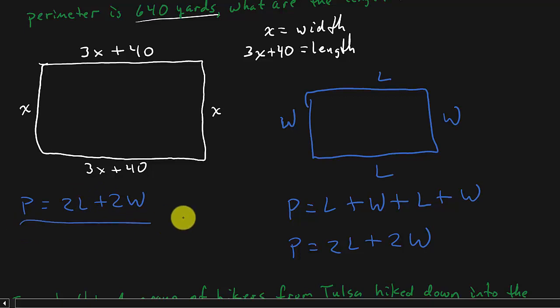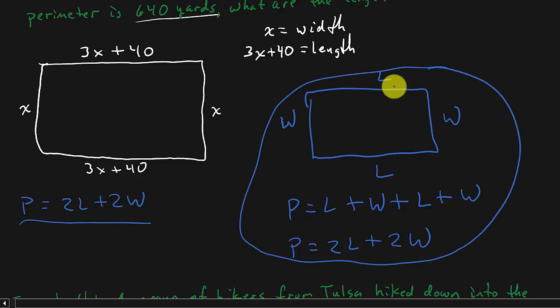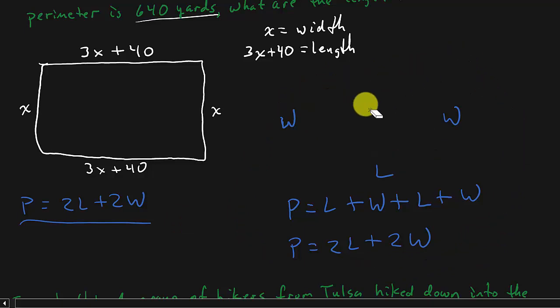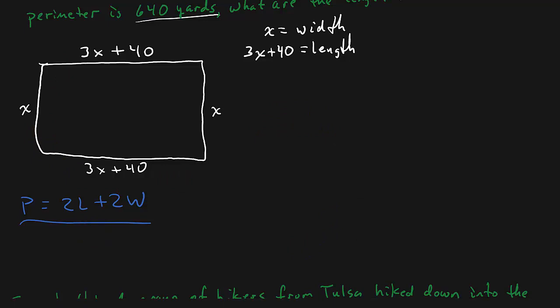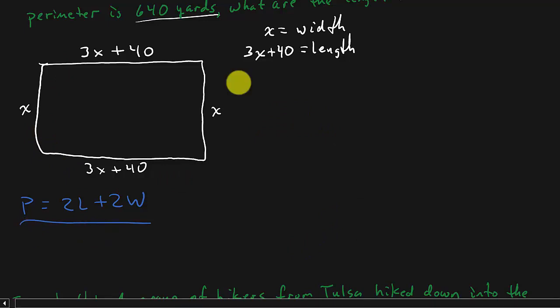Just remember that. If you forget it, then do what I did right here, and you got your formula. All you really got to know is the perimeter is the distance all the way around. You just add all the sides up. But now that we have this formula, we know that the perimeter, which is what? 640, right?